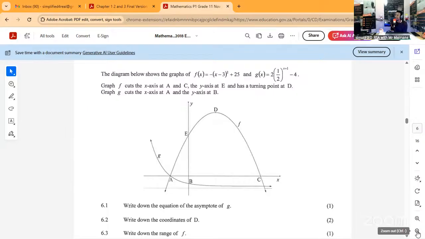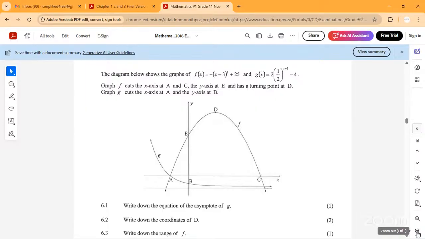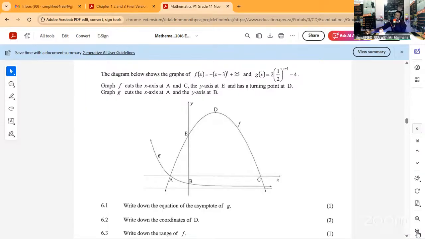Parabola. The parabola is f of x, yes. So g of x, if you were to think of g of x, in reality it could have been something like g of x is equal to 1 over 2x. Do you think that's a hyperbola? Because a hyperbola would have been g of x is 1 over x.